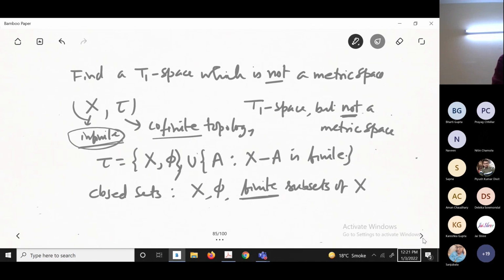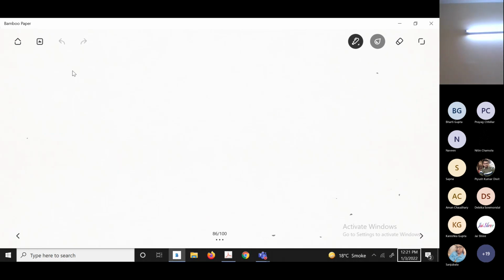Now T2 space, or Hausdorff space. Let me define T2 space. The axiomatic founder of topology is Hausdorff.